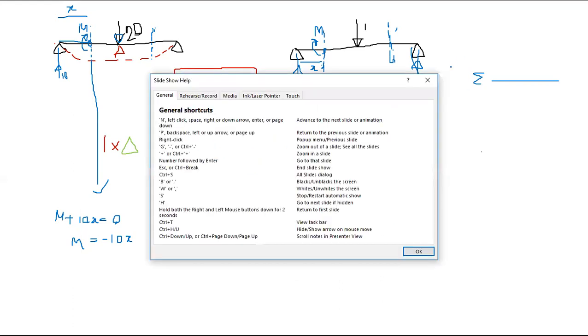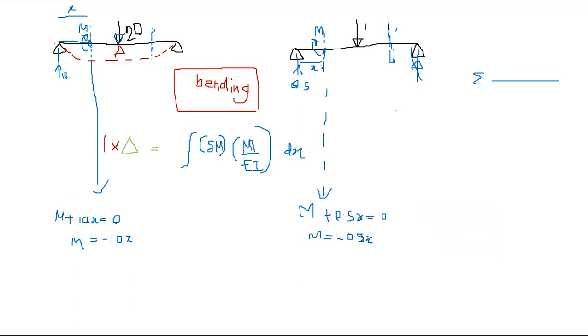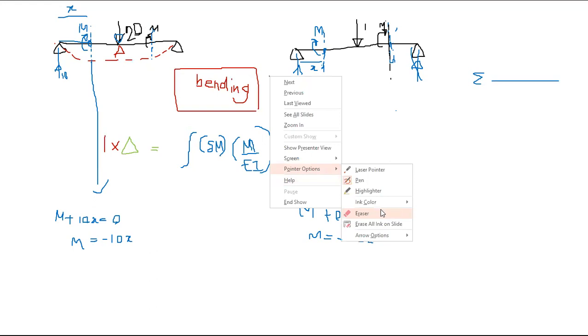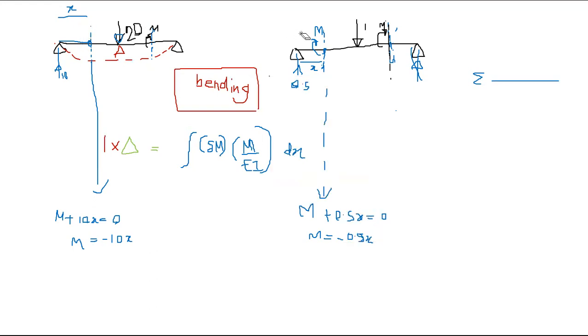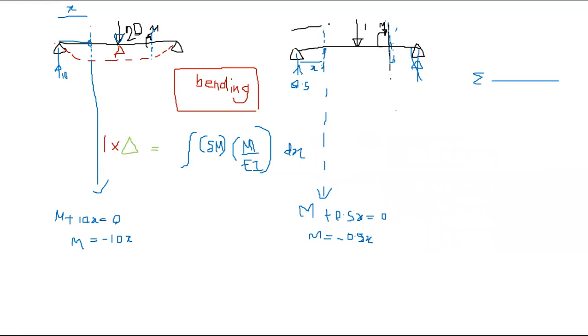So for the second half, you can write an equation the same as this, and you have a bending moment of M. For this part, you have a bending moment of M, and then you don't need to cut it from these places. And X is measured from here to here.